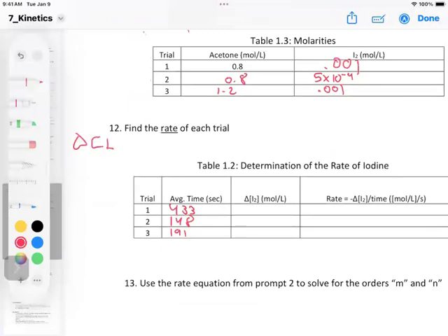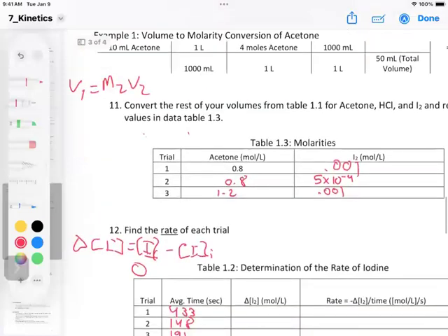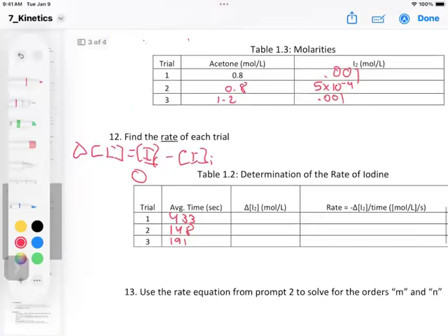Change in concentration is the iodine final concentration minus iodine initial concentration. Iodine was the orange solution, so it was completely clear at the end, meaning we had none left, so our final concentration is 0. So it'll just be the negative of what we calculated above for the molarity of iodine. Trial 1 and 3, negative 0.001. And for trial 2, negative 5 times 10 to the negative 4.